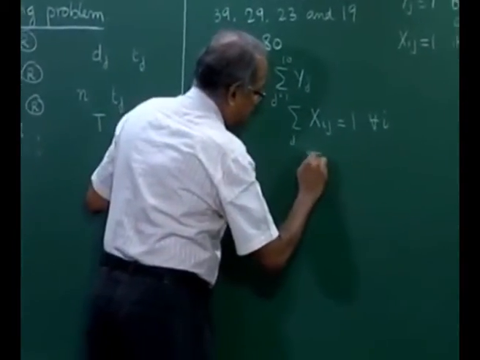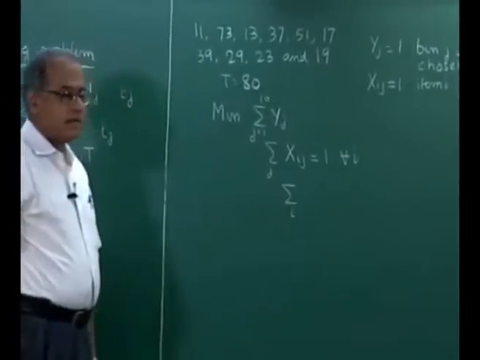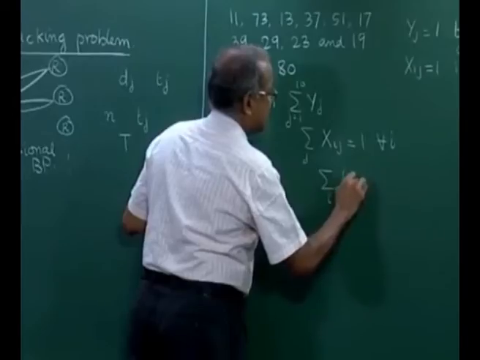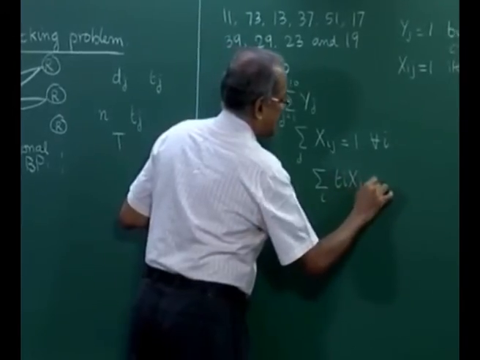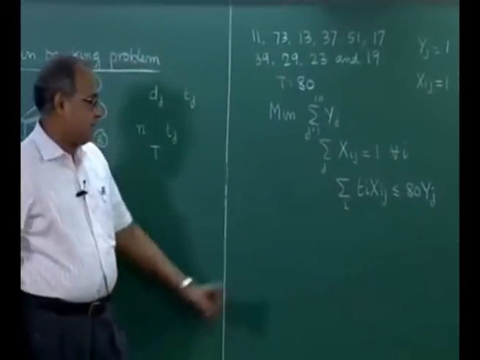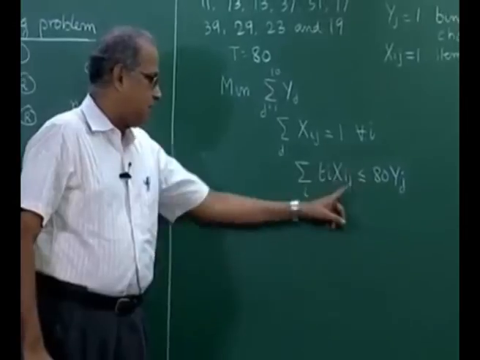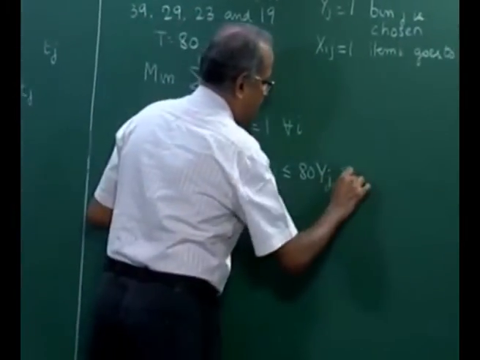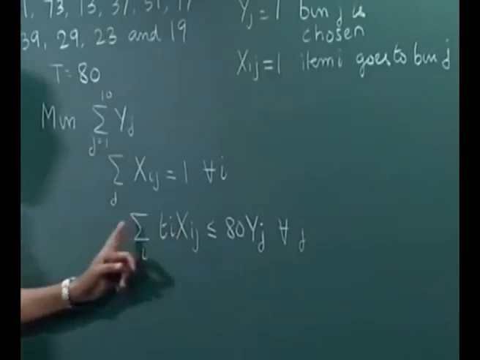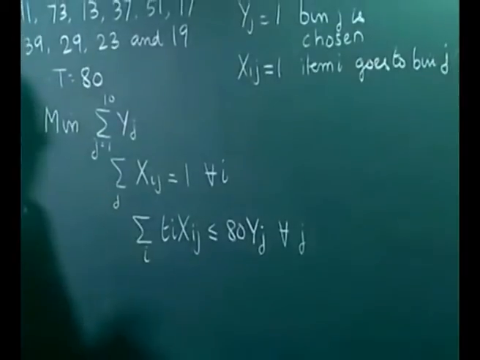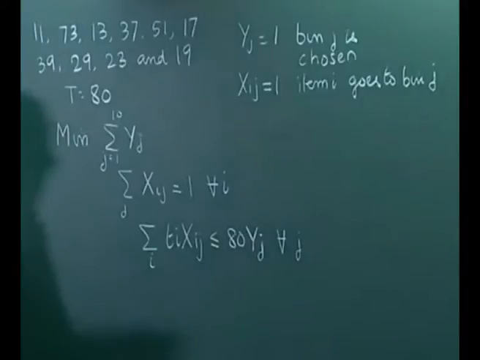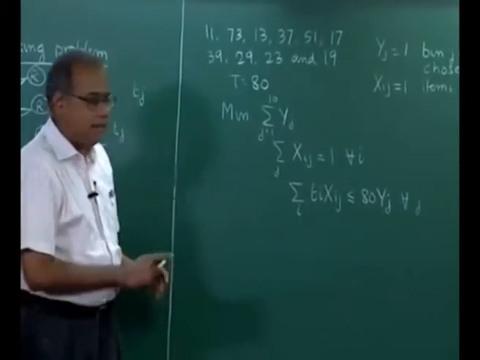And then for each bin, sigma Ti xij is less than or equal to 80 yj. Now xij equals 1 if item i goes to bin j. So for a particular bin, the sum of the xij's is the number of items that are attached to that bin, and sigma Ti xij is the sum of the lengths of the items attached to that bin.